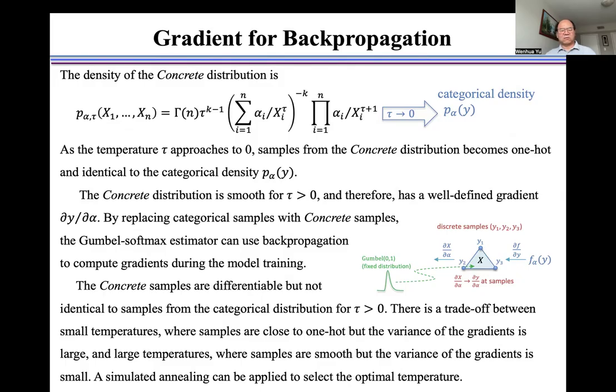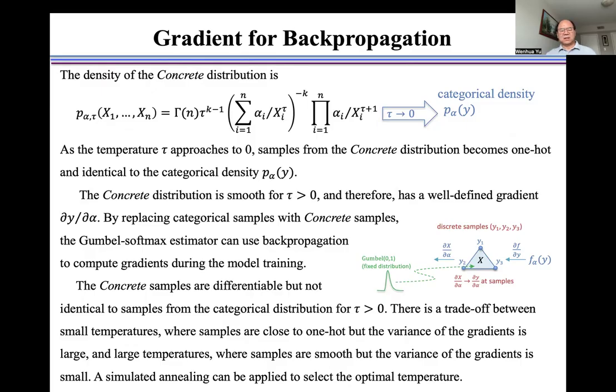There is a trade-off between small temperatures, where samples are close to one-hot but the variance of the gradients is large, and large temperatures where samples are smooth but the variance of the gradients is small.